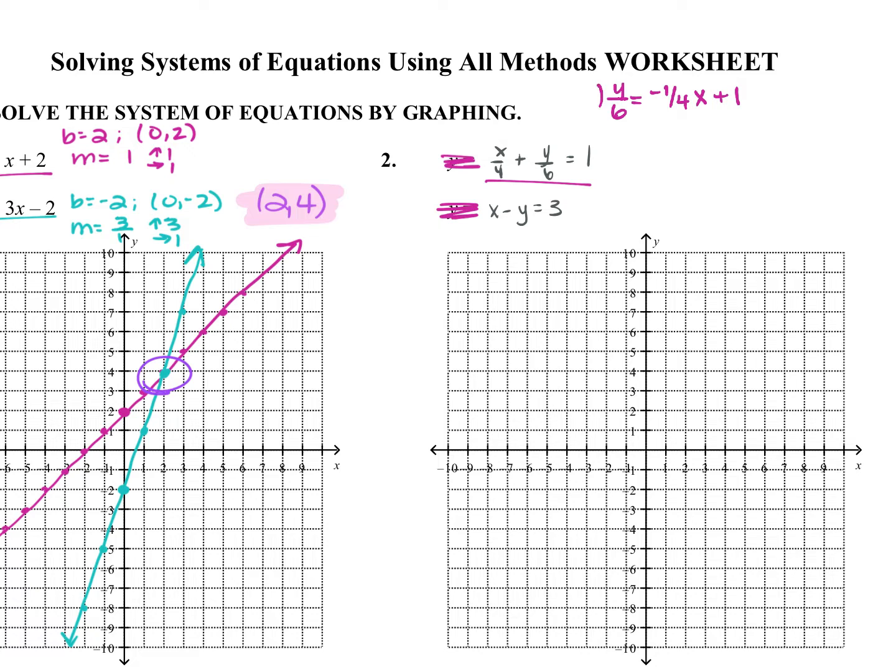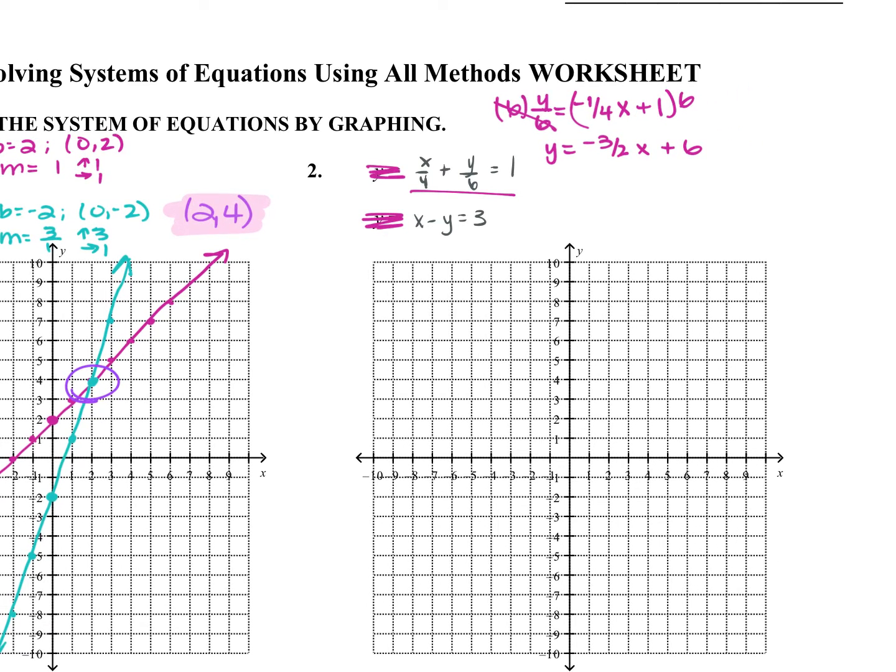From here, we would just multiply each side by the 6, distribute it in. So y is equal to negative 6 over 4, which is negative 3 over 2 x plus 6. So this gives us a y-intercept of 0, 6, and a slope of negative 3 over 2.